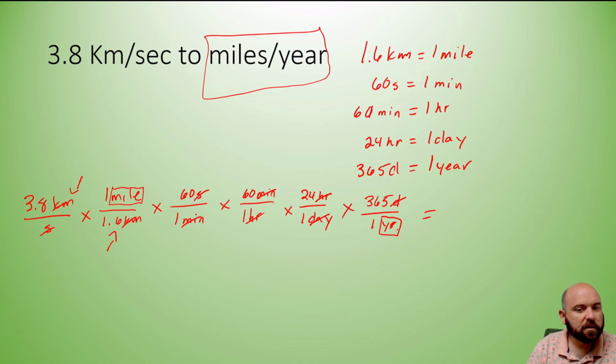And then on the denominator side of things, it looks like a bunch of ones except for the 1.6. So that big figure would then be divided by 1.6, and the total answer would be 74,898,000.